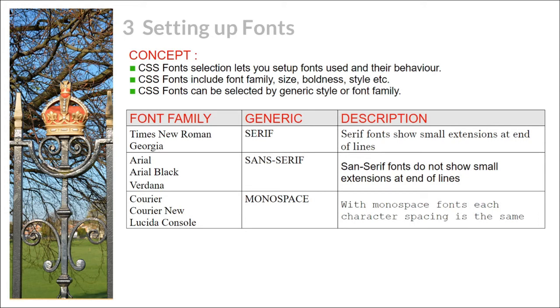A generic style is like serif, which means a kind of text that has little extensions on the end of the lines, and like Times Roman has little extensions at the end of each letter. And then you have sans serif, which is without the extension.